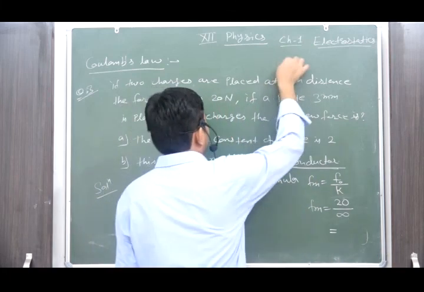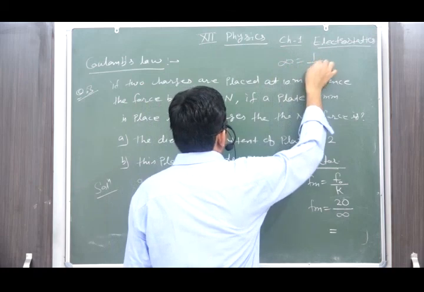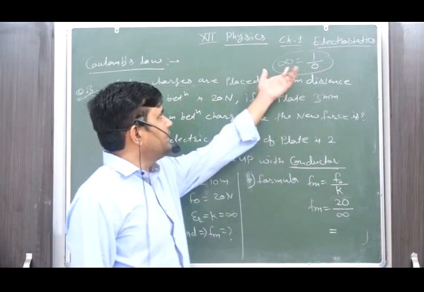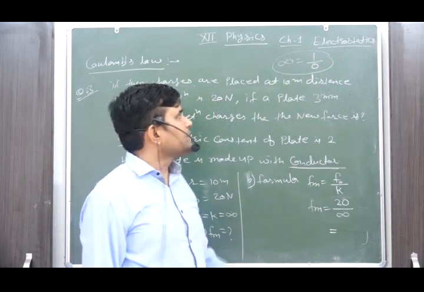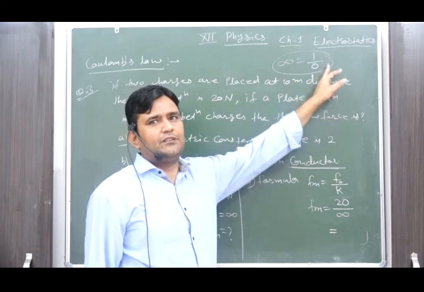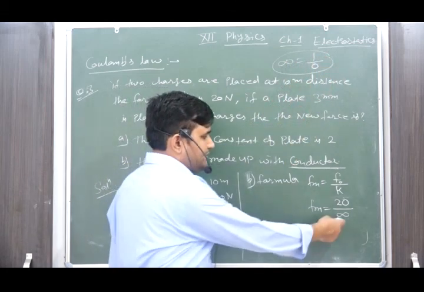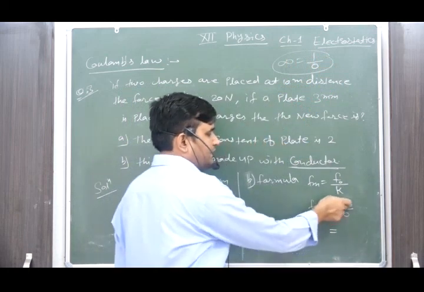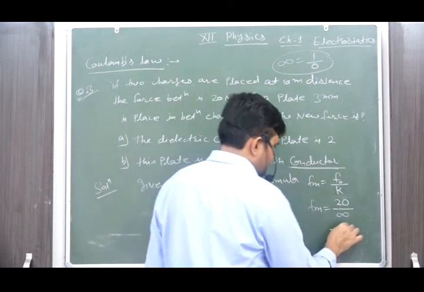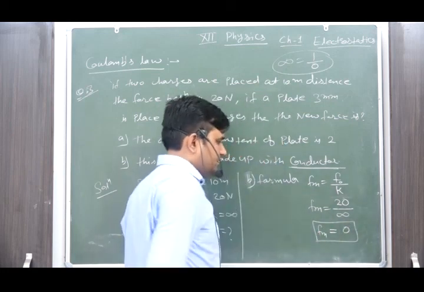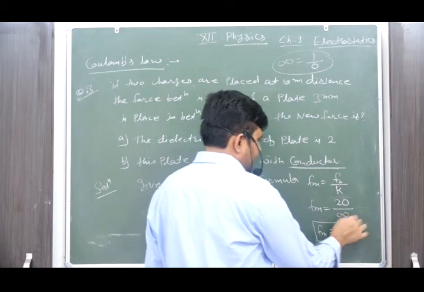There is no need to bother about it, it is the basic formulation: in place of infinite, put 1 upon 0. When you put 1 upon 0, the 0 goes upward, multiplied by 20, and we get 0. It means the force between the charges is 0 Newton.